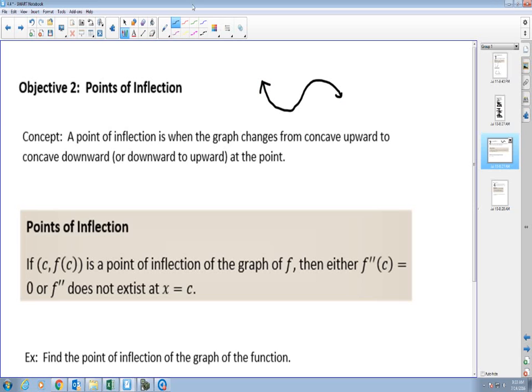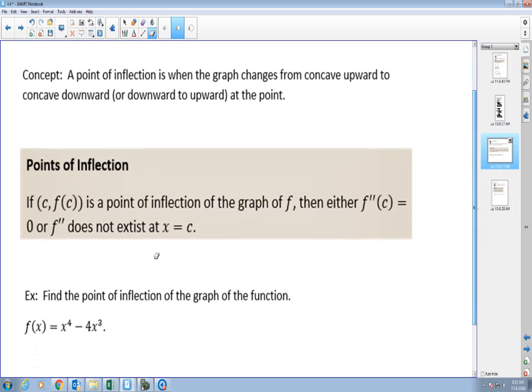Don't be mistaken, you may have a relative minimum or maximum here, where the tangent lines still lie below the graph, but somewhere between the two concavities you switch over to concave downward. We will need to find that point, and that's what this objective is about.